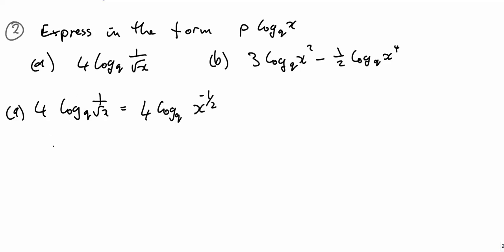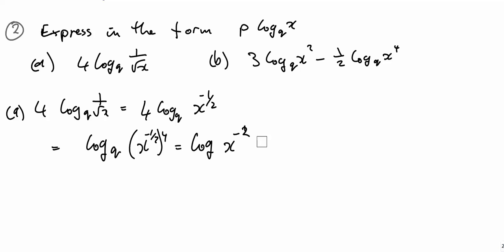And then we can write that as the log, using the power rule, of x to the power of minus a half, to the power of 4, which is log of x to the power of minus 2, using the product rule for indices, and again using the power rule for logarithms, that's minus 2 log x to base q.